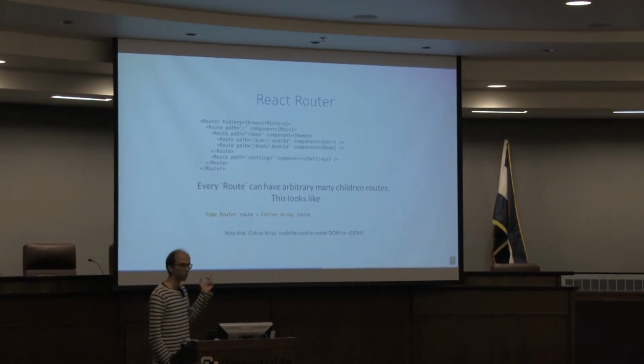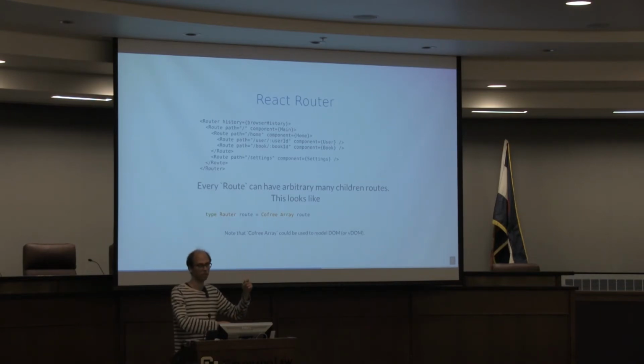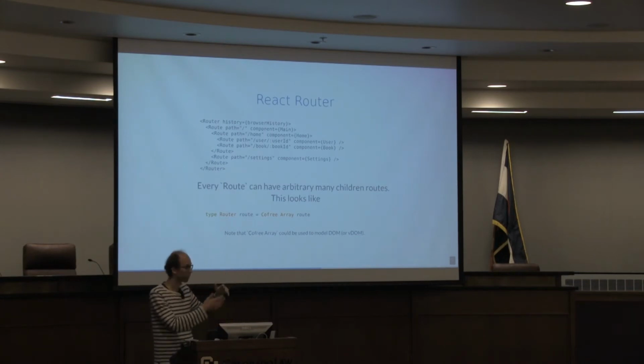And you can use Cofree array to model the DOM, because this is how the DOM looks: you have the HTML element, and then it has its children, a list or array of children that can have arrays of children. So it's not that surprising that you can use Cofree array for modeling the router.